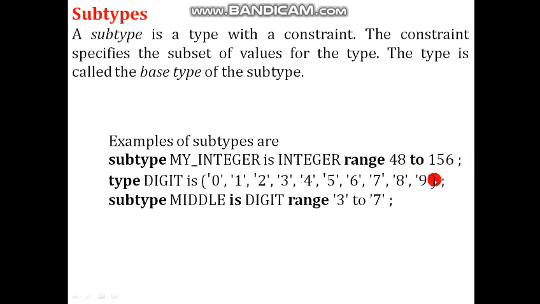The digit is a user defined enumeration type. Here we use the type digit. This type digit is a user defined enumeration, which can be defined by the user.